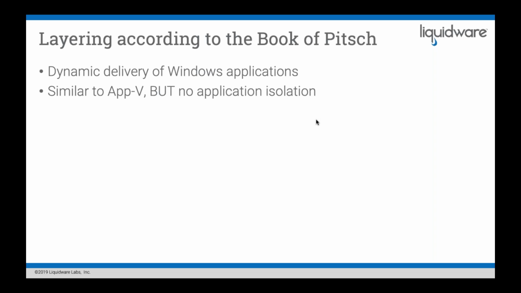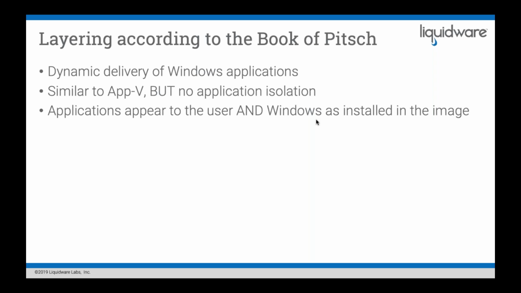So it is not application isolation. A layer, when delivered, has full access to the operating system. It has full access to other applications that are in the image or being delivered as layers. So basically, to Windows, it's just part of the image. That's all there is to it. And to the user, it's the same thing.